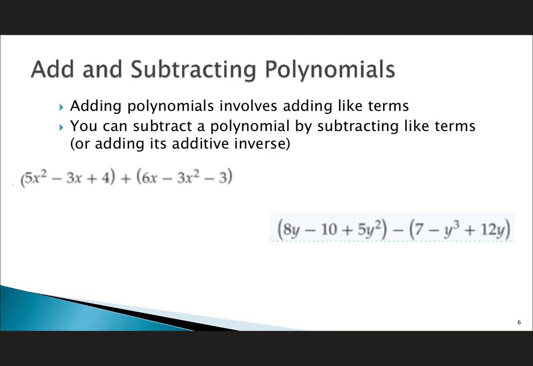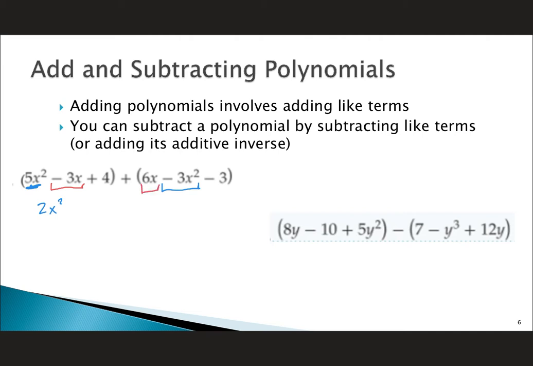So in this first problem, I have a 5x squared and a negative 3x squared. Those are like terms, so I can combine them and get 2x squared. Change color so you can see what's going on. Next, I have negative 3x and then I have 6x.